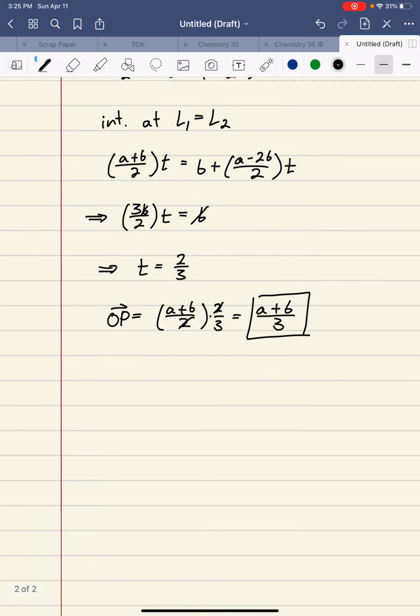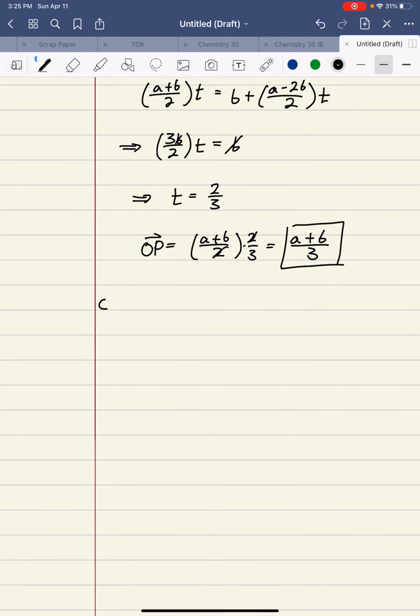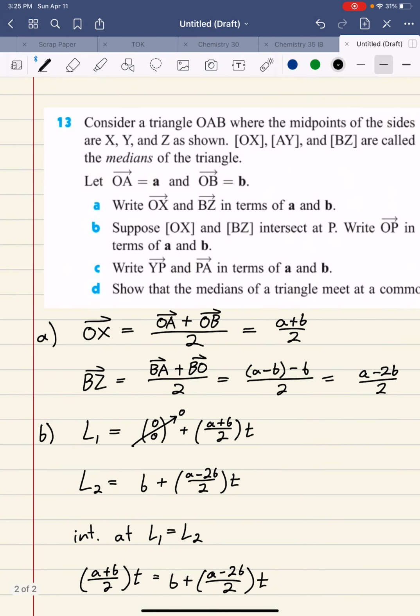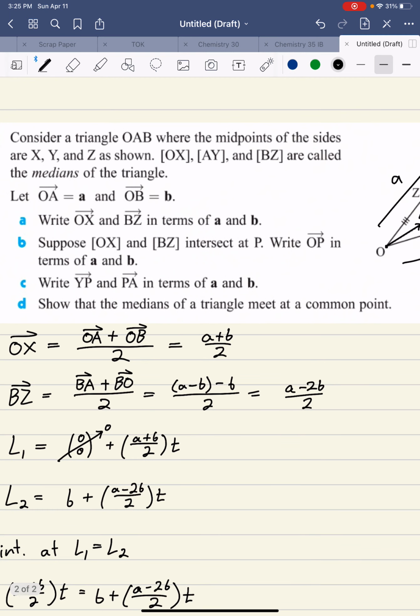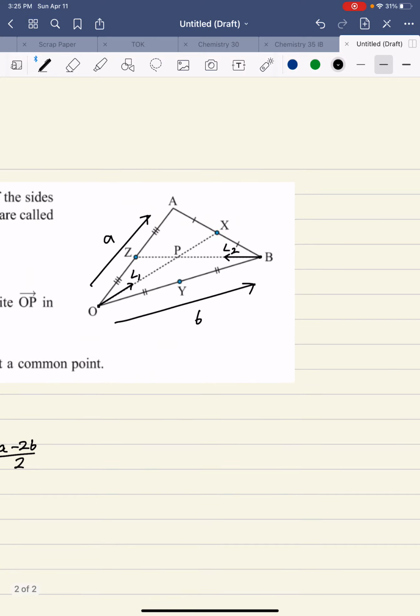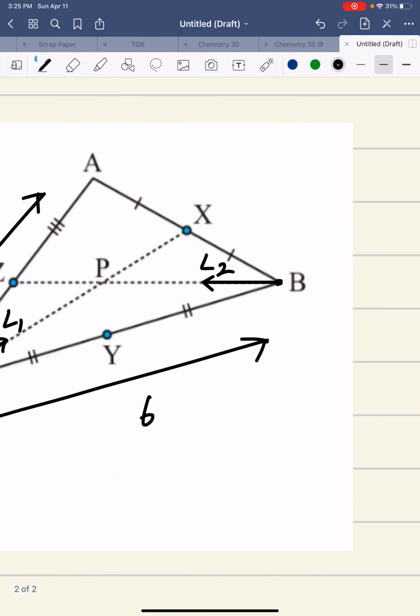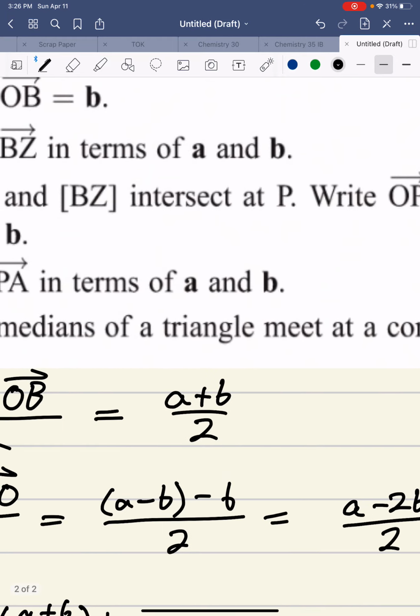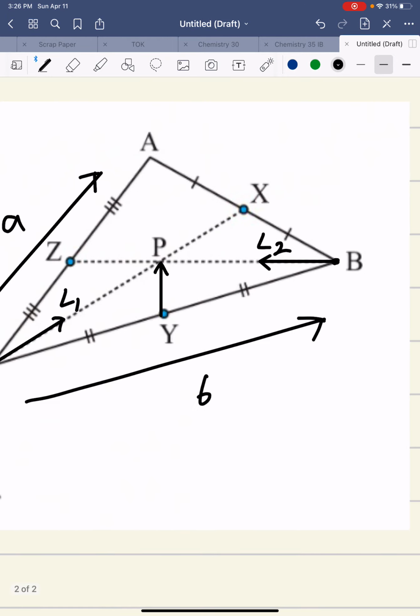So that's question B. And now for C. C says: write YP and PA in terms of a and b. So what is YP? Well, YP is this. And then PA, this is PA.